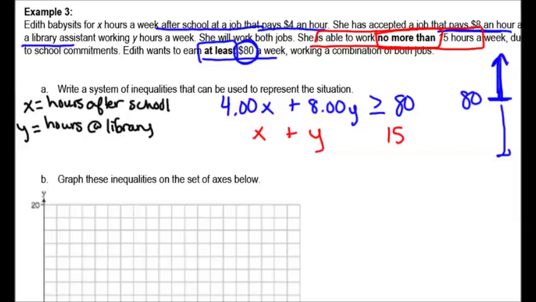So which inequality symbol do we want to use here? Okay, again, let's think about this. If I cannot go over 15, I want to use a less than or equal to symbol because I want everything less than 15. I cannot go over 15. 15 is the highest. Okay?